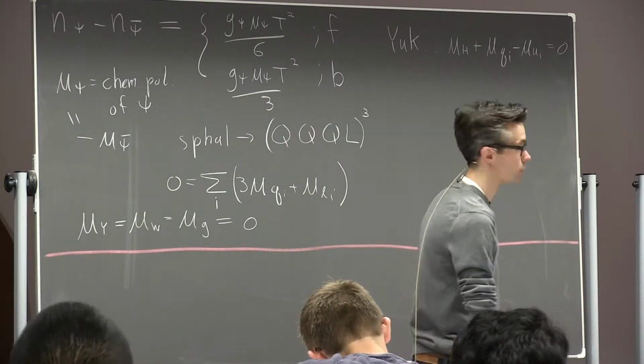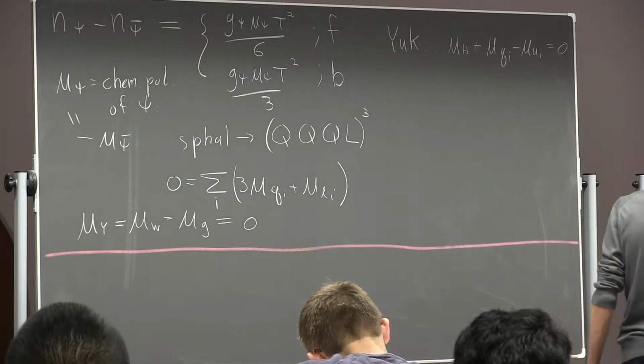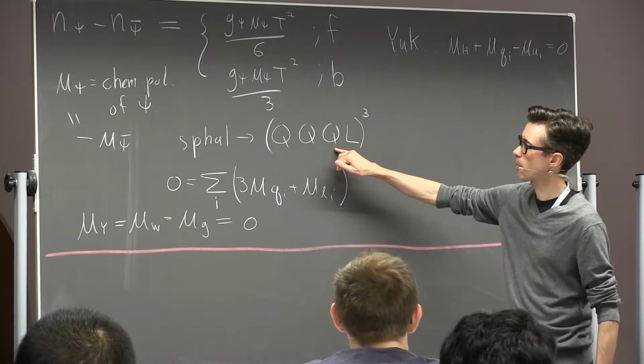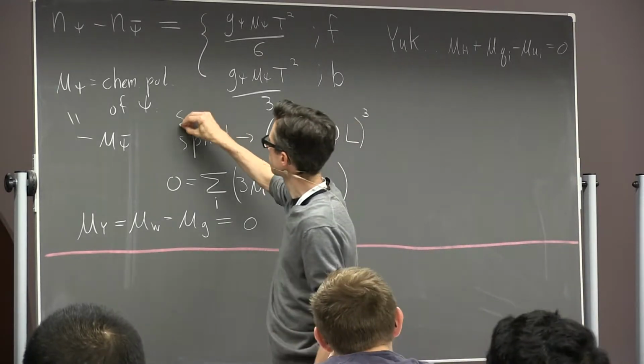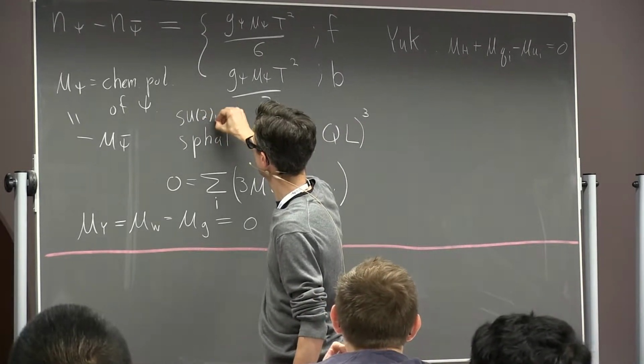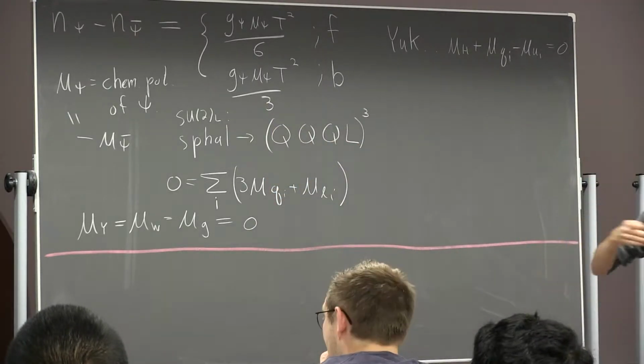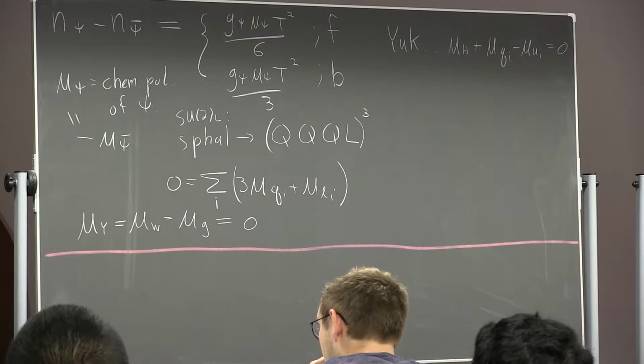And I combine them with two more conditions. So the two more conditions are, these are the SU2 sphalerons. It turns out that there's also a related SU3 sphaleron, which effectively jumps between different SU3 vacua.